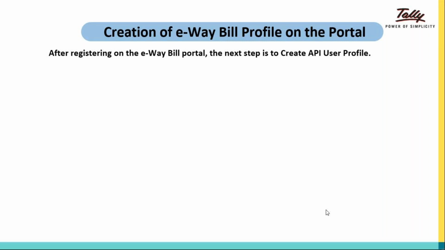Did you all understand my question? So here it says the next step is to create API user profile. Don't get confused with this API. You can just assume that this is the software. So we must create the software user profile. So which software are we using here?